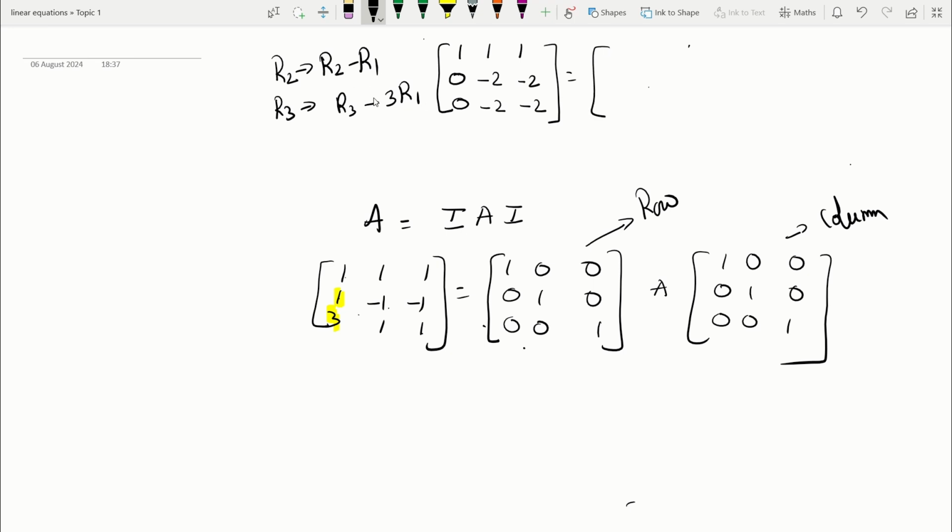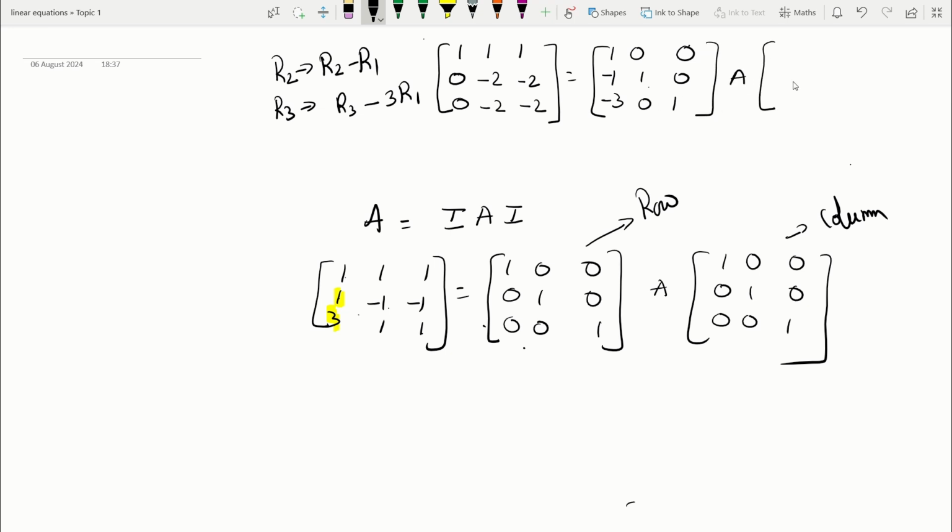R2 implies R2 minus R1 I will do, correct? 1 minus 1 is 0. Then again R3 implies R3 minus 3 R1, because the R3 element is 3, the coefficient for R1.